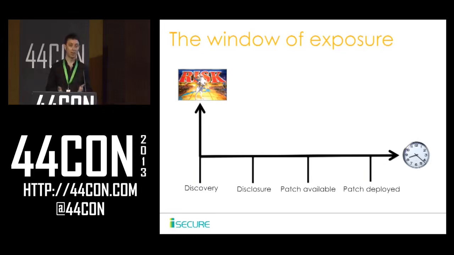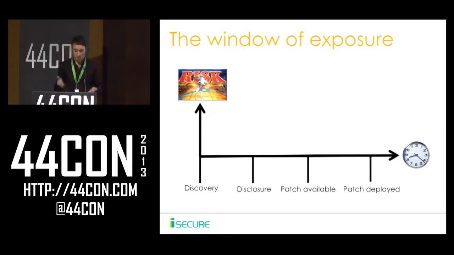Now, these are not necessarily in chronological order. I mean, sometimes the patch becomes available at the same time that the disclosure is made, or sometimes there isn't a patch, sometimes there isn't a disclosure, even though you might call the patch in itself a disclosure.